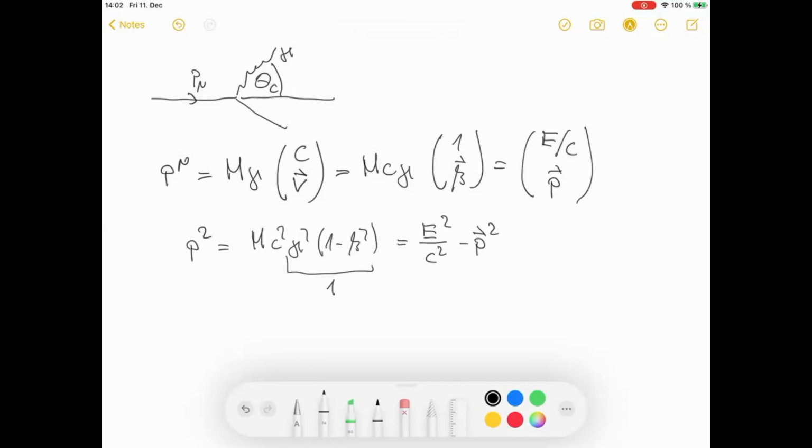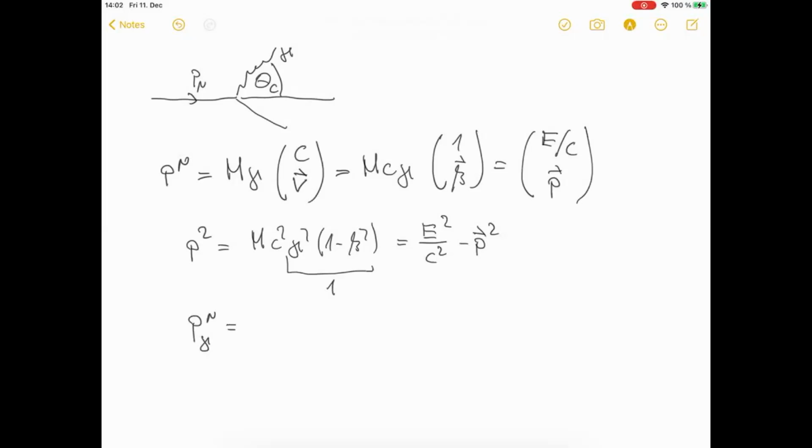Now we write for the momentum of, that was the momentum of the incoming particle. Now we write for the momentum of the photon, make an ansatz, h bar omega over c, because h bar omega is the energy of a photon, and h bar k.